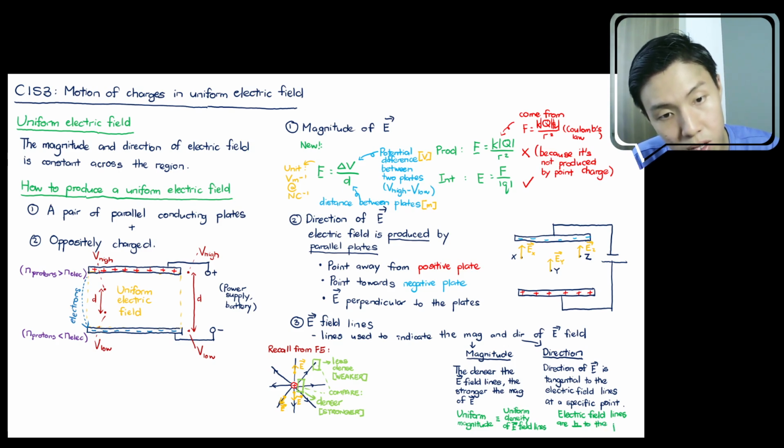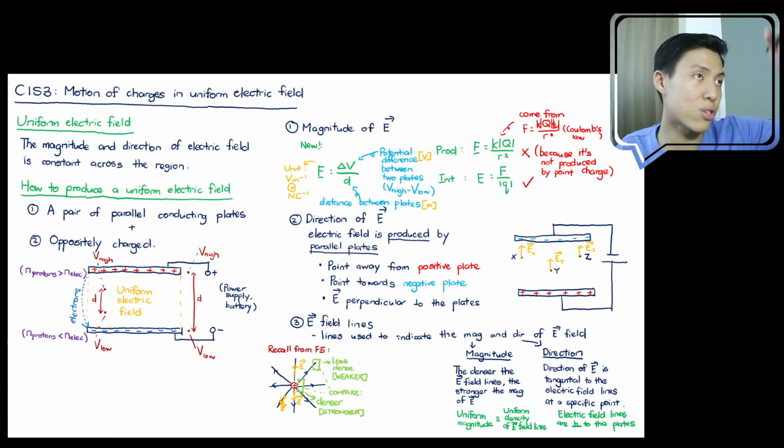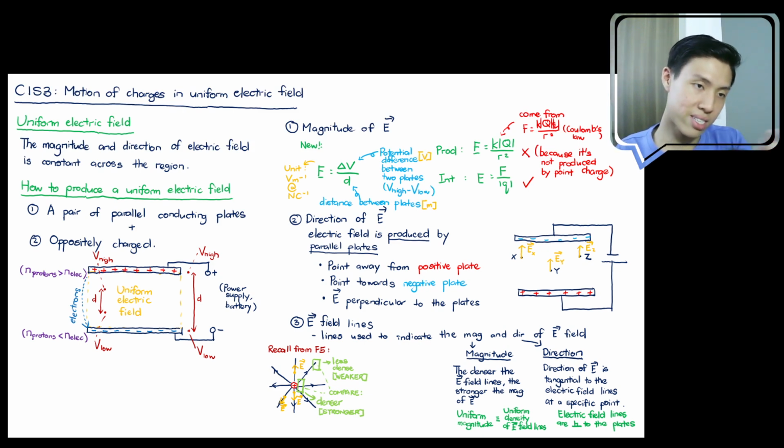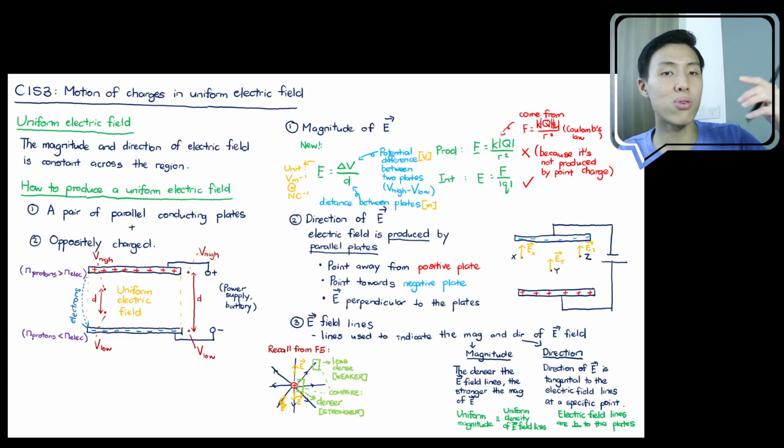Because you want to be tangential to the line, then you can find the direction of electric field, right? So if your electric field line is like this, then your electric field is also like this. If your electric field line is like this, then your electric field also points in that direction. So if you know that for this particular situation the electric field is pointing upward, then your electric field line should also be aligned with this electric field. So it should be a vertical line.